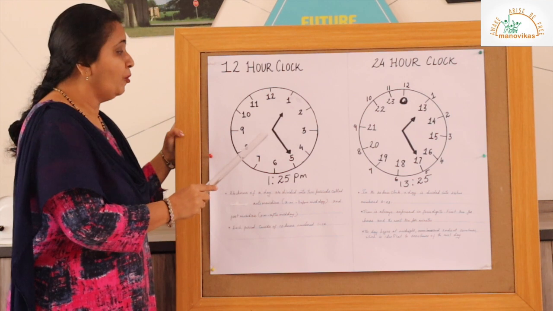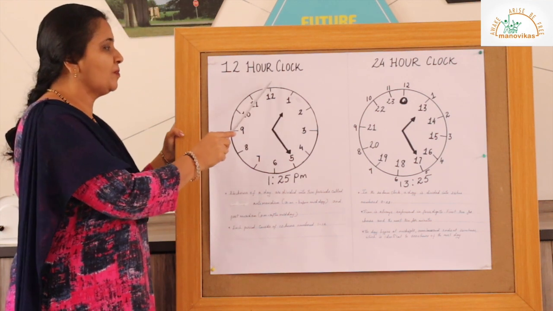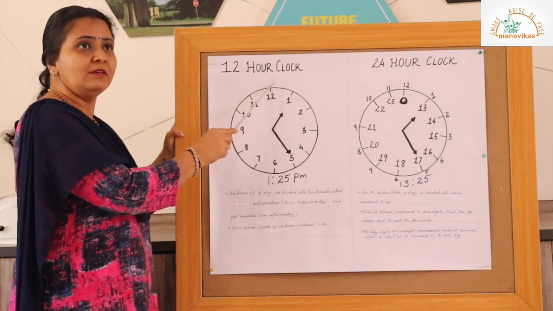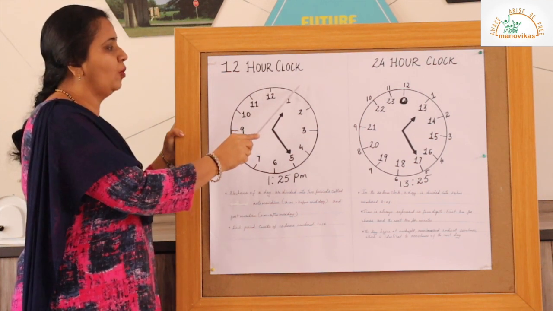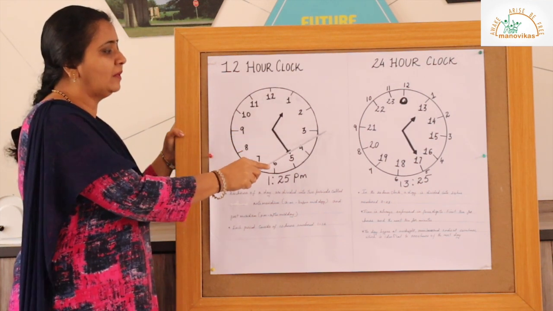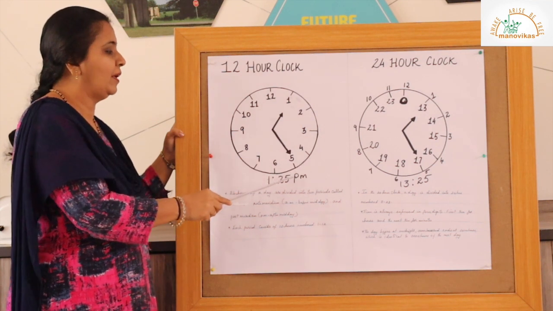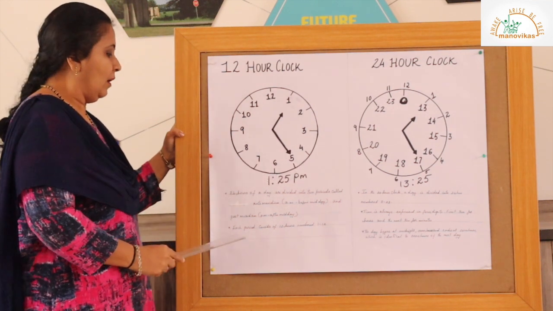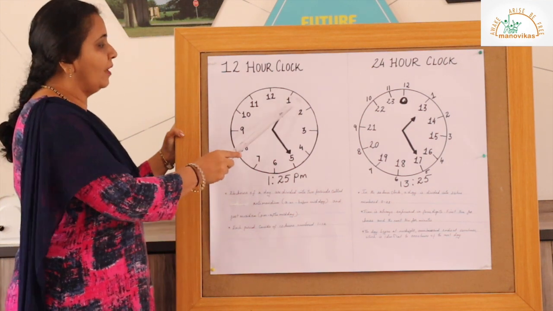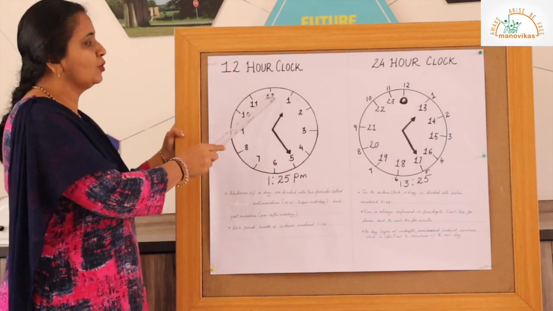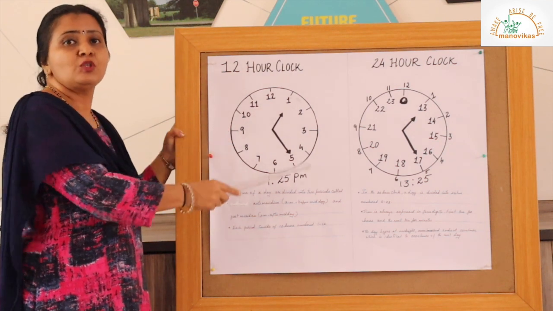Now post-meridian, let us see what is post-meridian. Post-meridian means after midday, that is after 12 it will be PM. So 1 PM, 2 PM, 3 PM, 4 PM, 5 PM, like that. Each period consists of 12 hours numbered from 1 to 12. This is about the 12-hour clock.